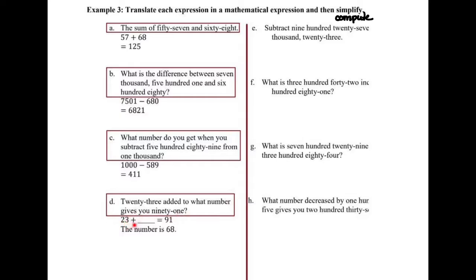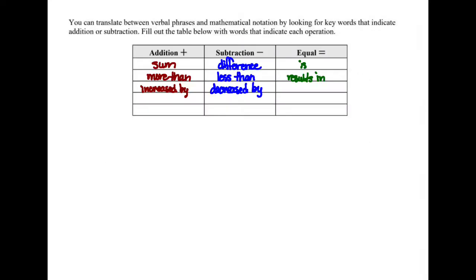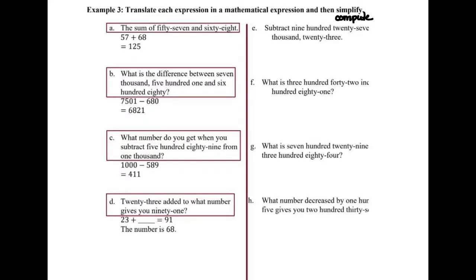Okay, 23 added to what number gives you, okay? We can put that on here just because that would be something to remember, right? So, gives you. Just so you understand that that's the equal part, right? Okay, so this technically is not an expression. This is an equation with a blank in it. Okay, but that's good enough for this particular problem and this assignment.